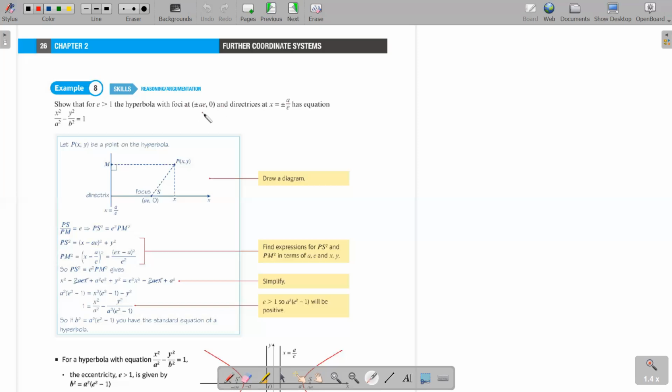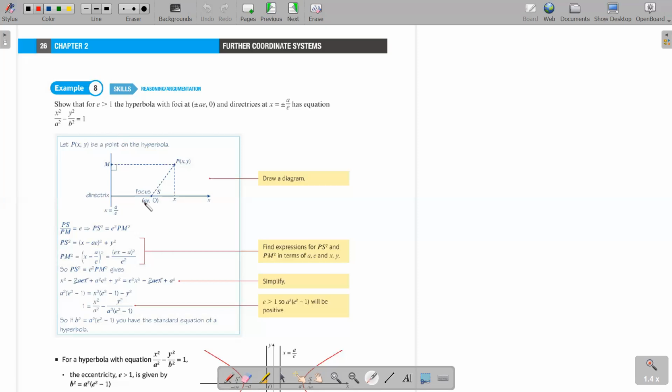Input a value for e in your head. Say e is 3. Then this becomes 3a, while this one is a over 3. So a over 3 is much smaller than 3a. Do you get it? For e greater than 1, a over e is always smaller and ae is larger.